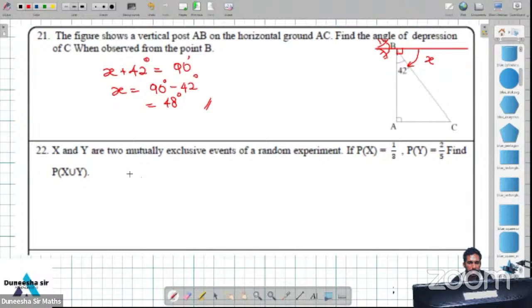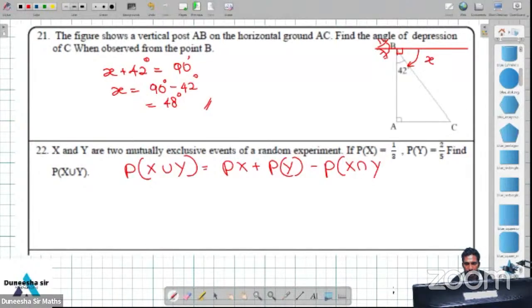Then can you remember what is the formula: P of X union Y equals P of X plus P of Y minus P of X intersect Y. Asking for P of X union Y. X and Y are two mutually exclusive events.